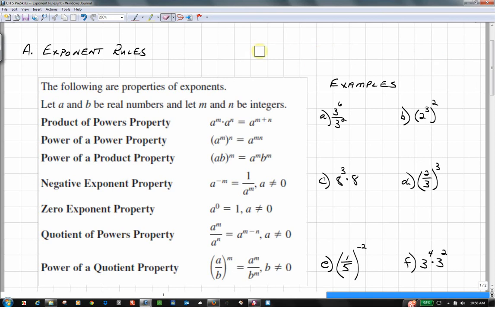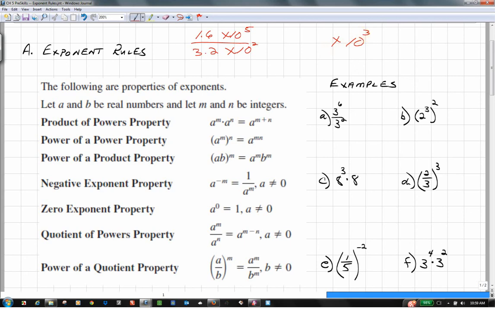If I would have some sort of a problem that would say 1.6 times 10 to the 5th divided by 3.2 times 10 squared, in this case, I have the same base, so at the end here, I'm going to have times 10 to the 5 minus 2.